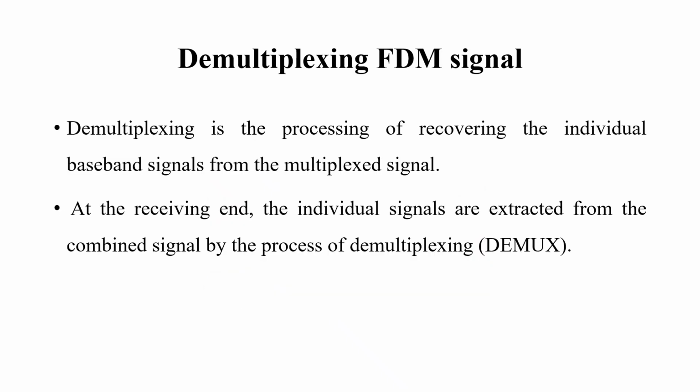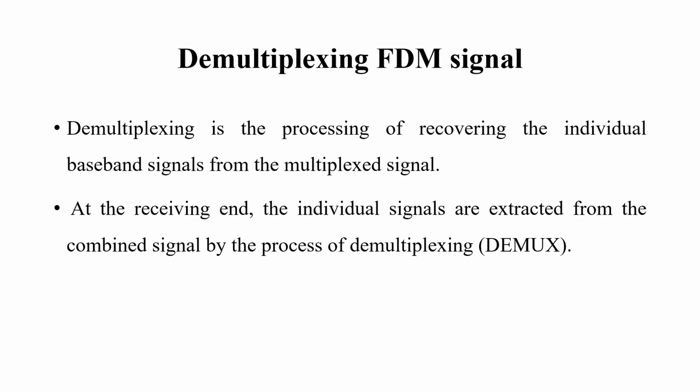Next, demultiplexing of FDM signals. Once the signals are multiplexed, the multiplexed FDM signal, that is the frequency division multiplexed signal, is generated and transmitted through the channel. In the transmission path, there may be chances for addition of noise as well as interference. At the receiving end, our objective is to recover the original signal without any loss as well as without any noise.